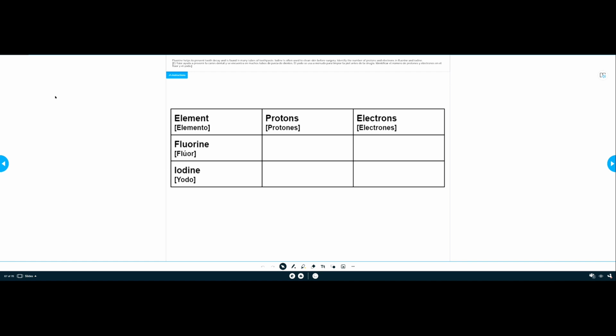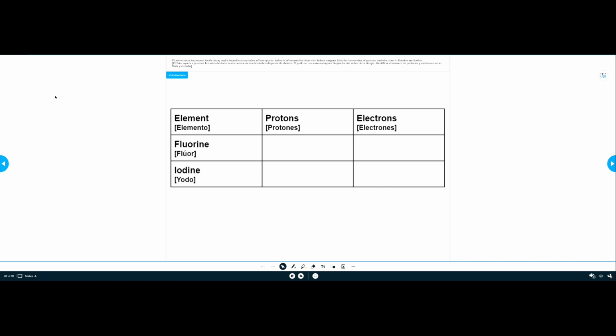Identify the number of protons and electrons in fluorine and iodine. Here's how you do this. In your notes, you wrote down which number on the periodic table you can use to identify the number of protons. That number is the atomic number.